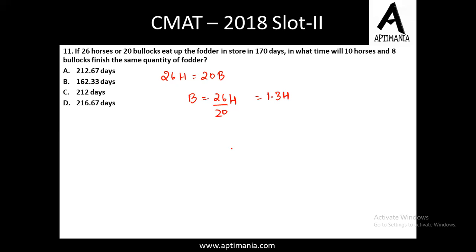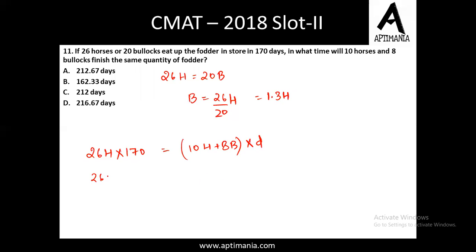Now what is being asked is, in what time 10 horses and 8 bullocks will finish the same quantity? So in the first case, I'm taking 26H completing the whole quantity in 170 days. For the second case, I'll have 10H plus 8B completing the same in, let the number of days be D.